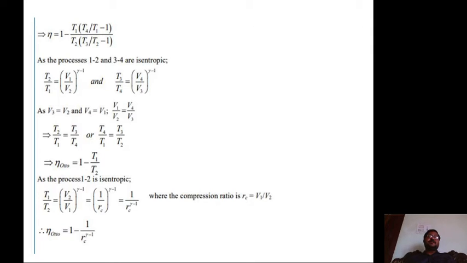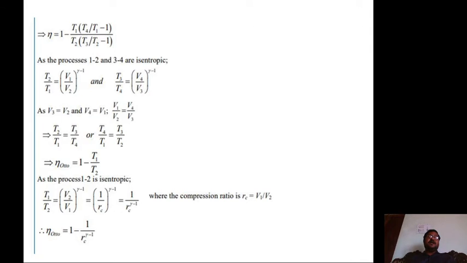Now for the Otto cycle, you substitute T4 by T1, and these two terms get cancelled. The remaining is only T1 by T2. As the isentropic process 1 to 2, T1 by T2 is equal to (V2 by V1) raised to gamma minus 1. V1 by V2 is nothing but the compression ratio, rc. So it is 1 by rc raised to the power of gamma minus 1.